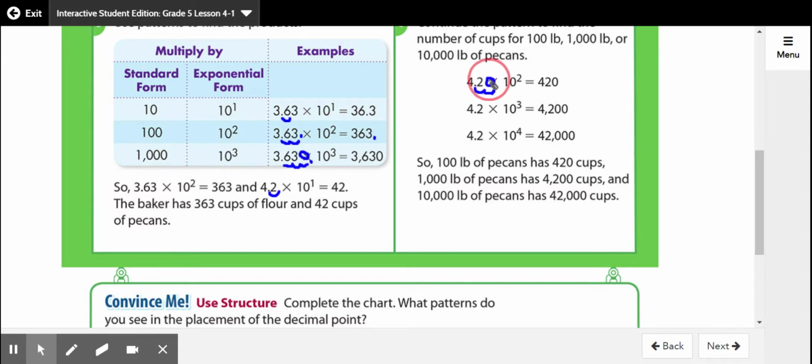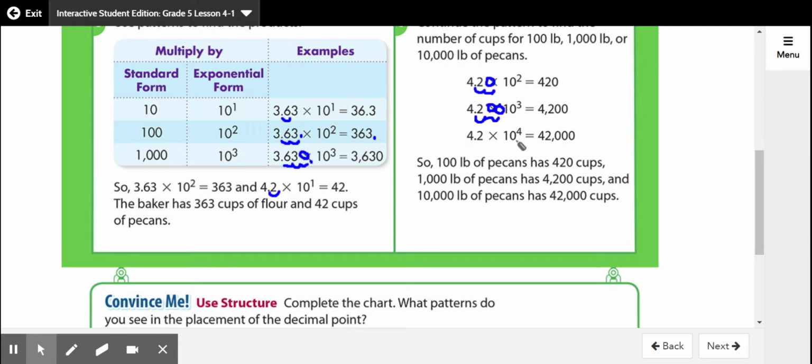Same difference. And then I'll put my decimal. This is 3. So how many times do I move the decimal to the right? 1, 2, 3. Now I need 2 zeros here. And then I always look over and say, yeah, I got it right, just like they did.